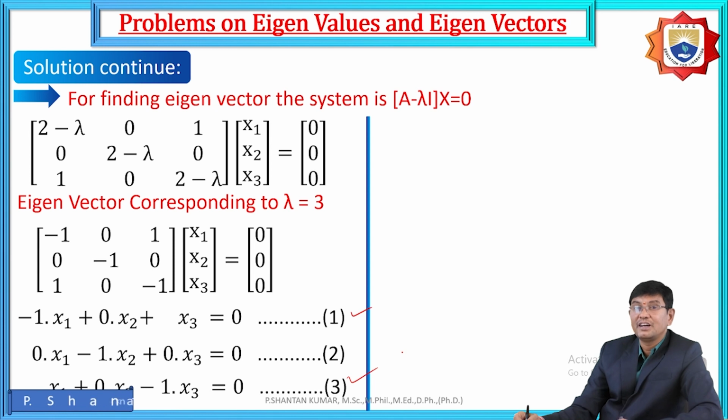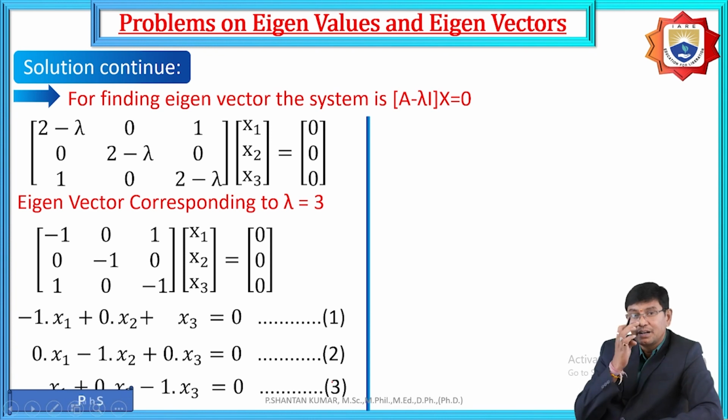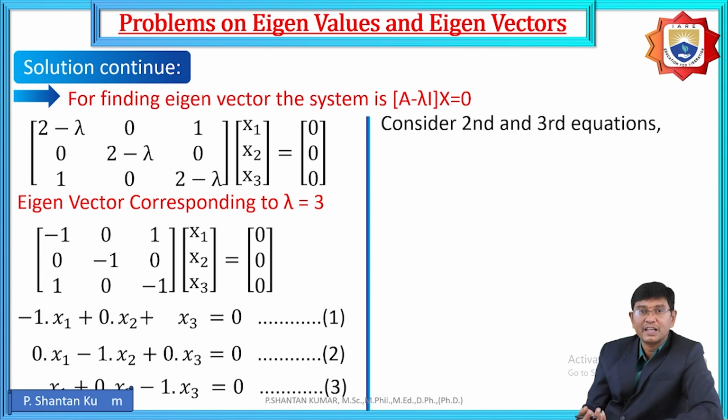That means it is indirectly a repeated equation. Therefore, we avoid the third equation or the first equation. Then by taking any one of the first and third, you take only one equation, and with the help of the other equation, that is x2. That means the combination must be either the first and second, or the second and third. That is mandatory. We should not take the first and third because both are the same equation.